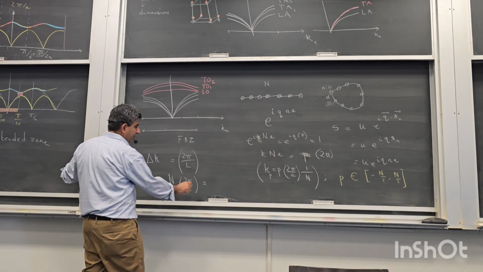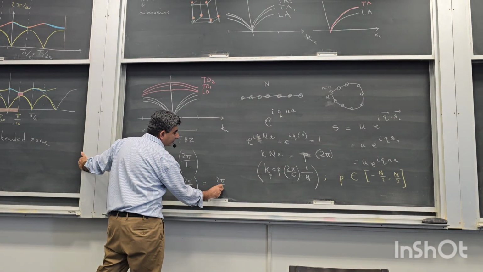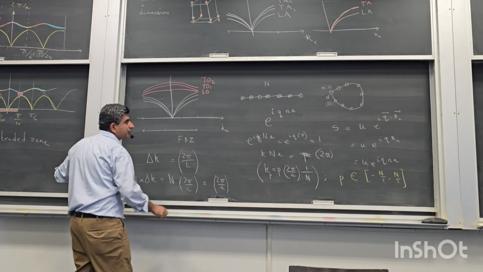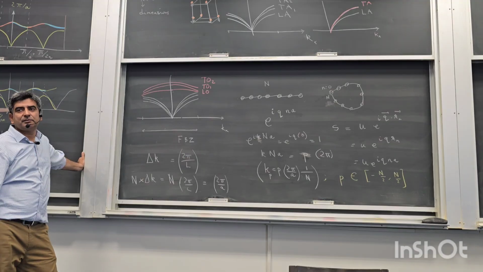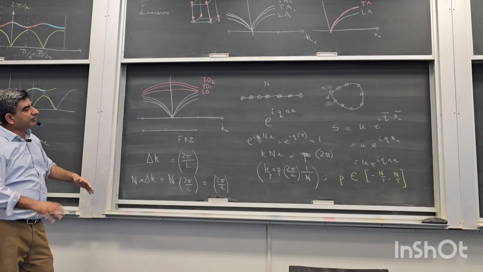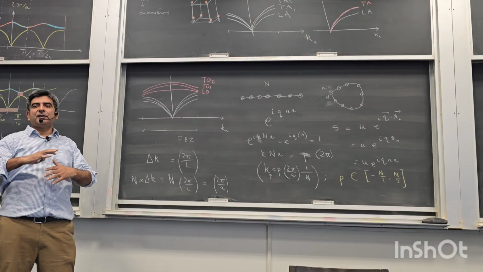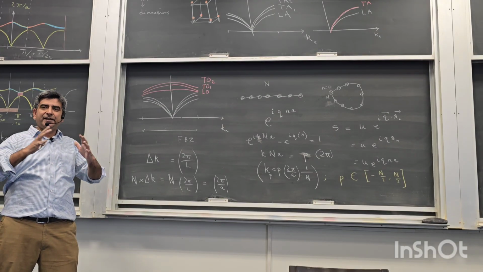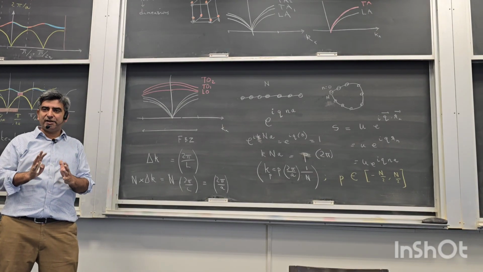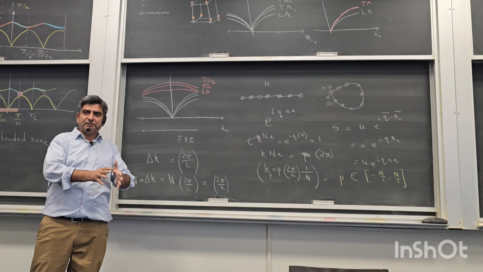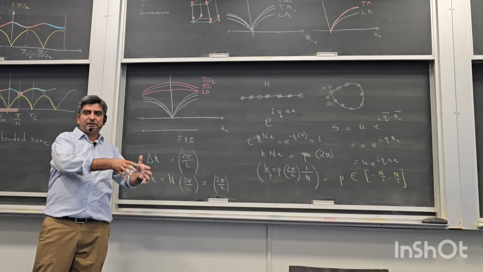I will get 2 pi over a, which is the size of the first Brillouin zone. So the k values are quantized. The number of modes inside the first Brillouin zone is 3 times the number of atoms in the basis times the total number of atoms.